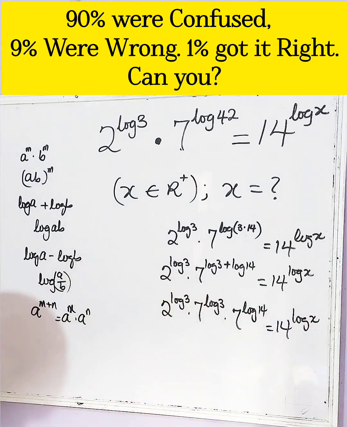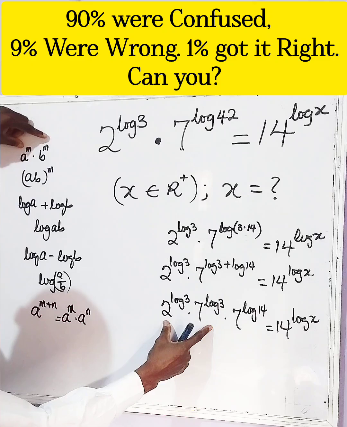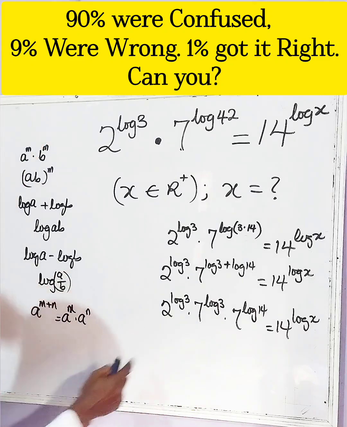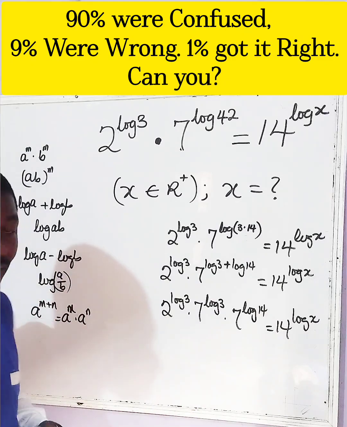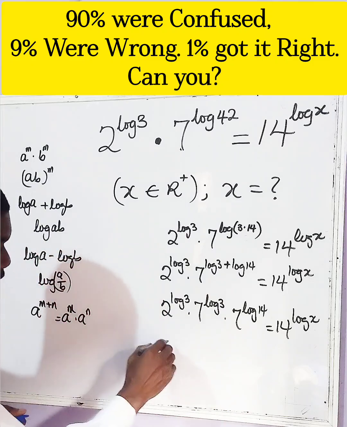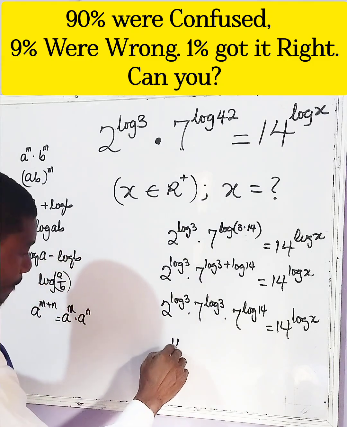Now you can see that from this rule here, we can apply this rule here. By doing that, it means that the bases now multiply, while we now have a single exponent. So this gives us 2 times 7 is 14.